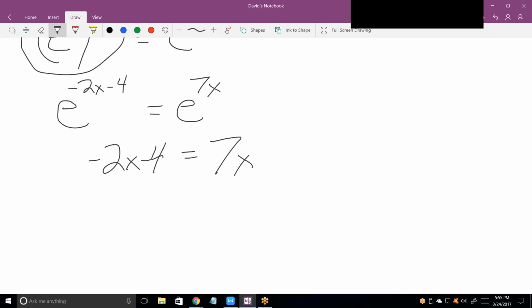Solve this for me. What's the next line I should write? Negative 4 equals 9x. And x equals? Negative 9 over x. Negative 4/9. Alright, yeah. I've seen you make that mistake once before.